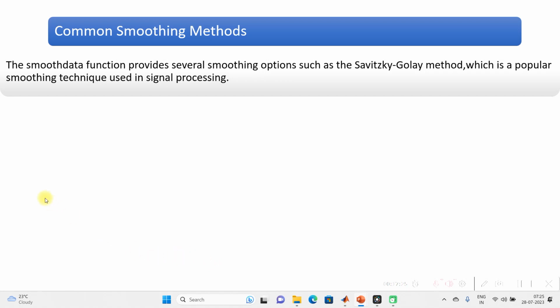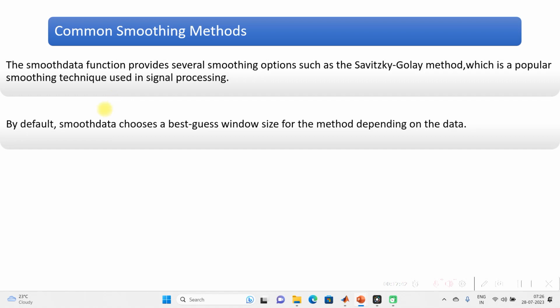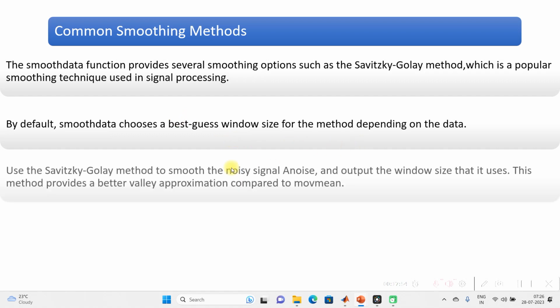One is the smooth data function. It provides several smoothing options, such as the Savitzky-Golay method, which is a popular smoothing technique used in signal processing. By default, smooth data chooses the best guess window size, so it automatically picks the best window size depending on that particular data.